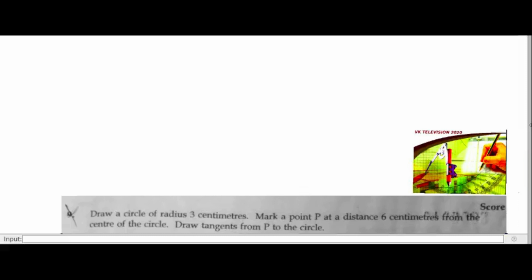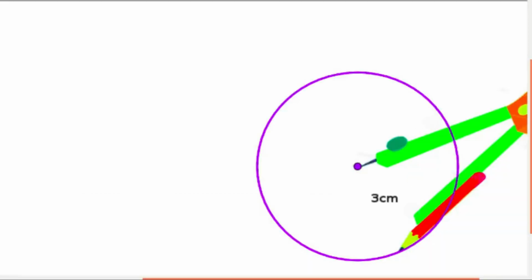Okay. Next question. Draw a circle of radius 3 cm. Mark a point P at a distance 6 cm from the center of the circle. Draw tangent from P to the circle. So we first draw a circle of radius 3 cm.